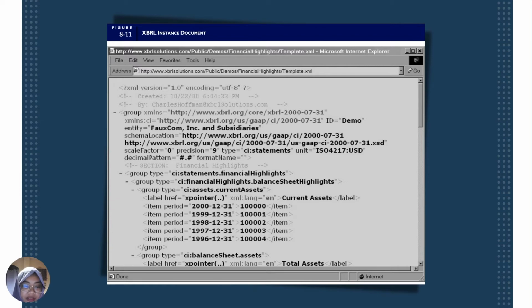In its current state, the instance document is computer readable for analysis and processing. To make it more human readable, HTML layout rules can be provided in a separate style sheet that web browsers use to present the XBRL information in a visually appealing manner.